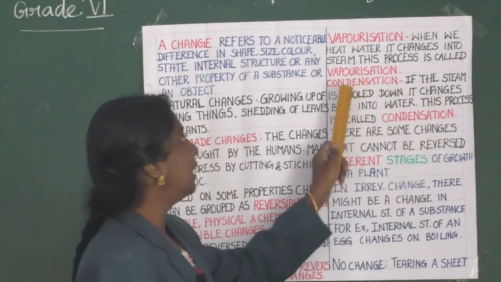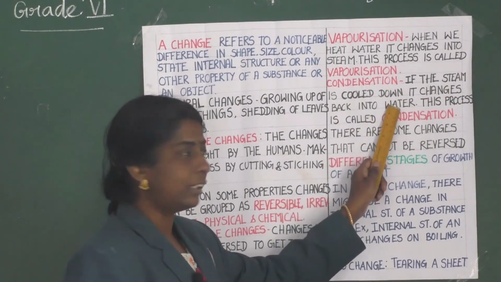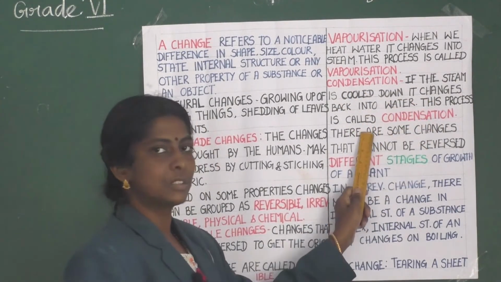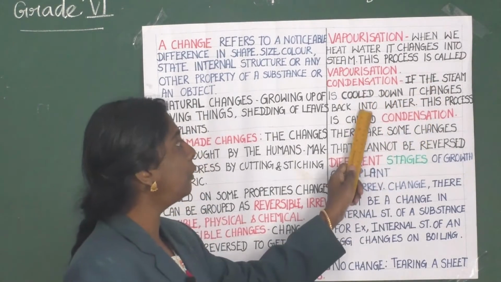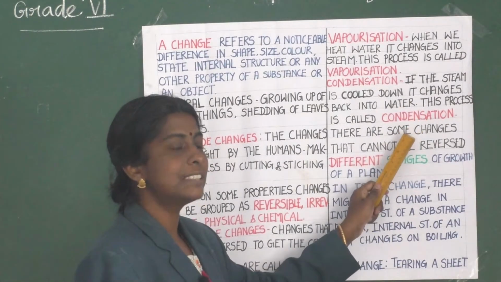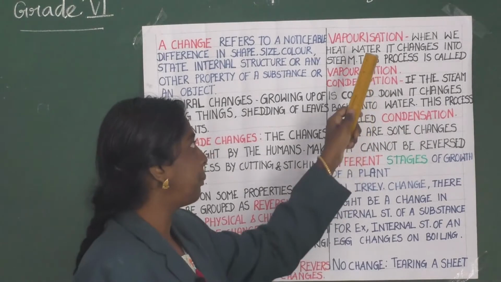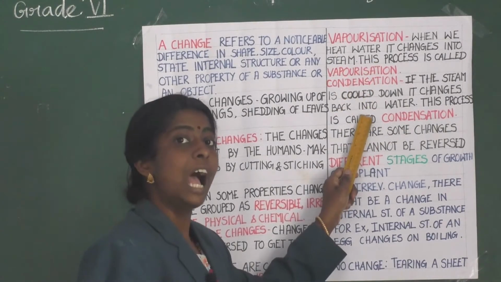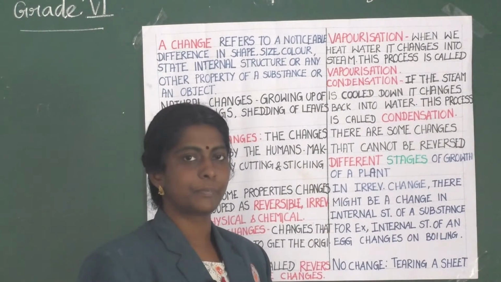If the steam is cooled down, it changes back into water, and this process is called condensation. So, these two, vaporization and condensation, are examples of reversible changes.